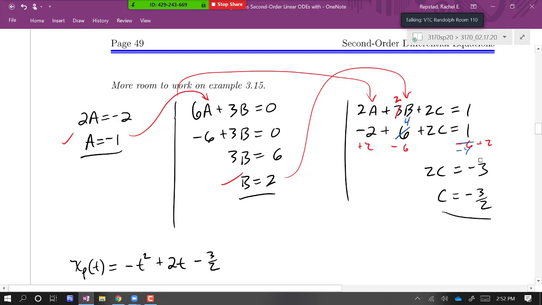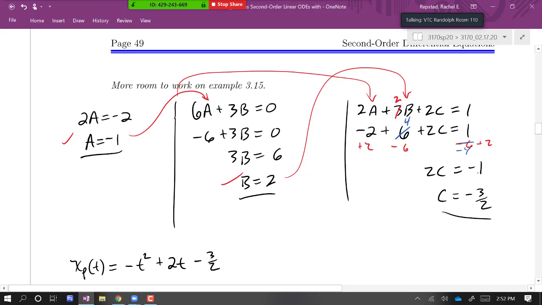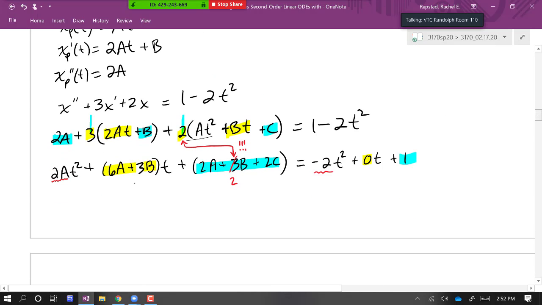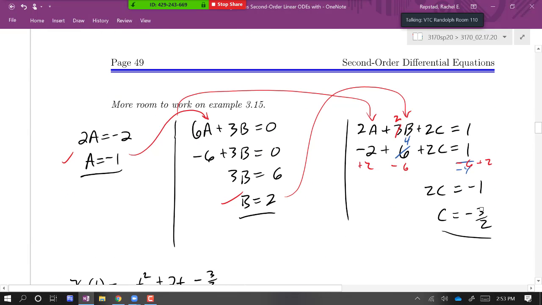Negative 1 here. I thought B would be equal to 3, right? Because it would be 2B equals 6. But the 3B came from this, right? The 2B comes from that. So then this is just negative 1/2.